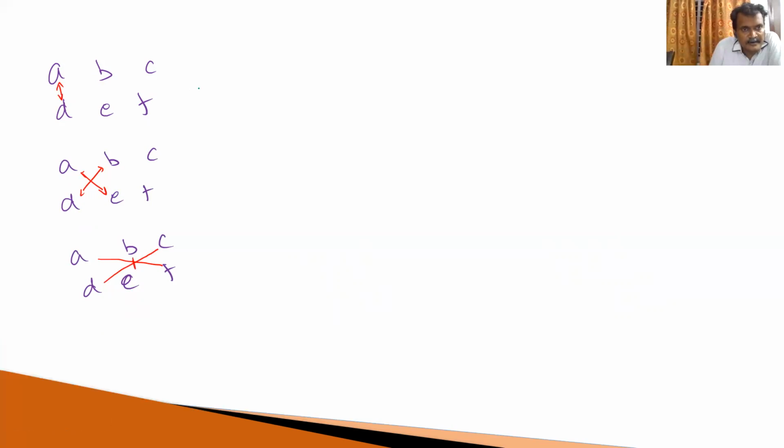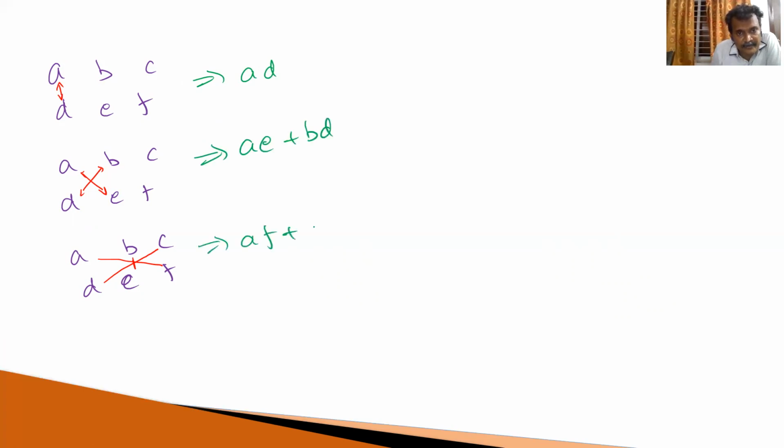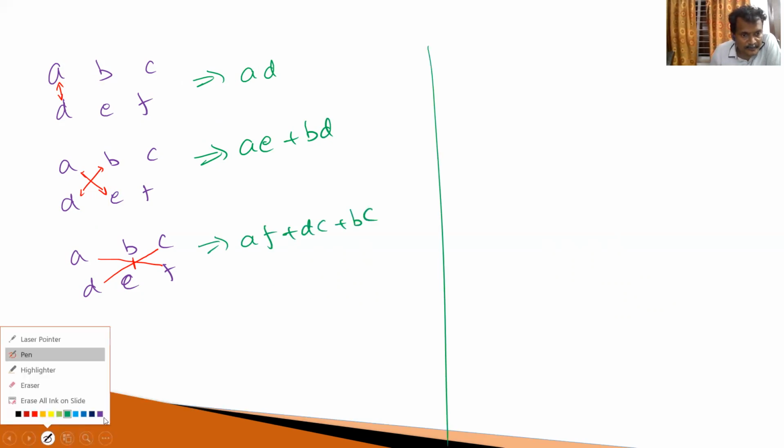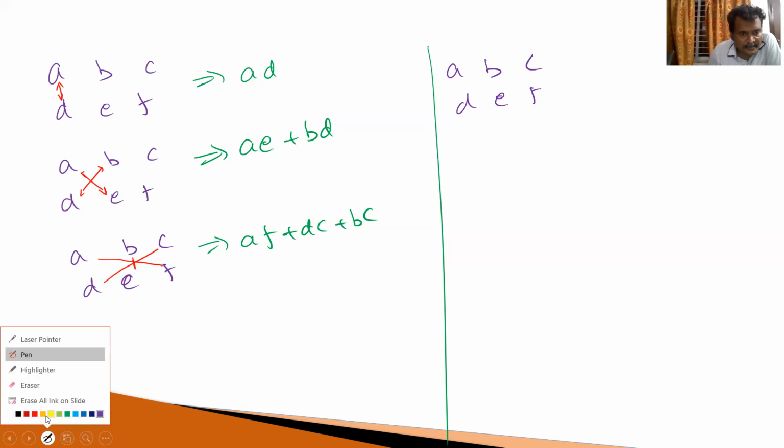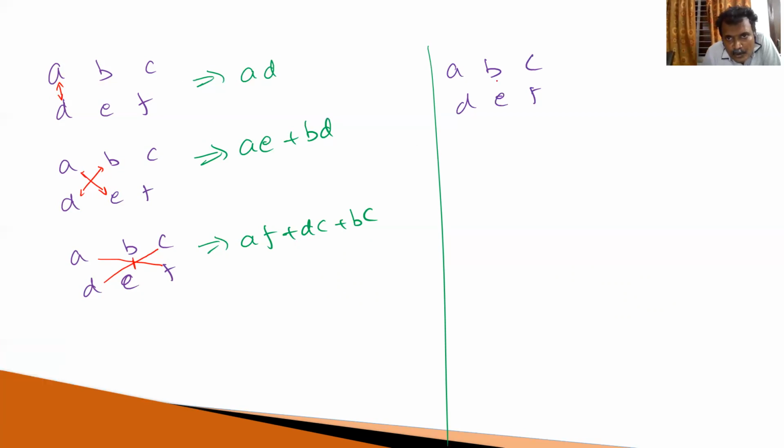Here, what is the first step? The product of A into D. And this one, AE plus BD. And what about this one? AF plus DC plus B. Okay, now, what is the fourth step? A, B, C, D, E, F. Just skip the first column and multiply the remaining 2 columns.